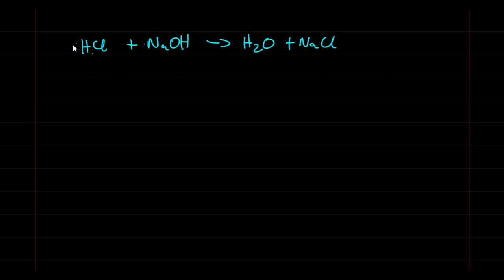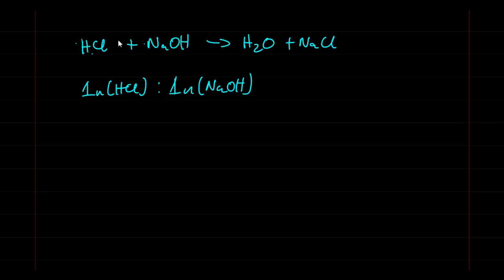Now, in notation, I can write n for moles: 1 mole of HCl requires 1 mole of sodium hydroxide to reach the equivalence point. You see? So when I do my calculations, I'm going to use this ratio.